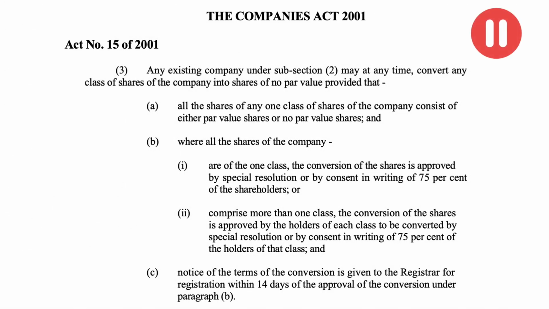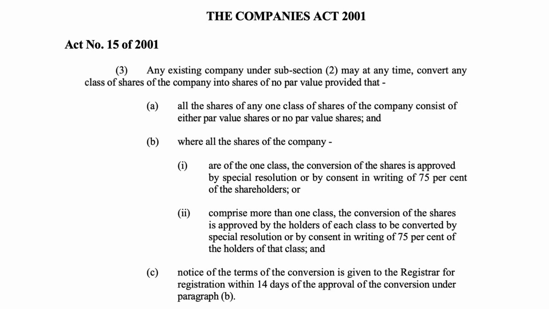Subsection 3 in turn states that any existing company mentioned in subsection 2 can convert any class of its shares into shares without a designated par value at any time, under the condition that A, all shares of a specific class consist of either par value shares or shares of no par value. If all shares of a company, number 1, are of the same class, the conversion must be approved by a special resolution or by written consent of 75% of the shareholders.